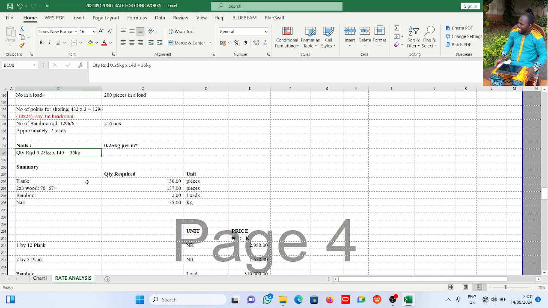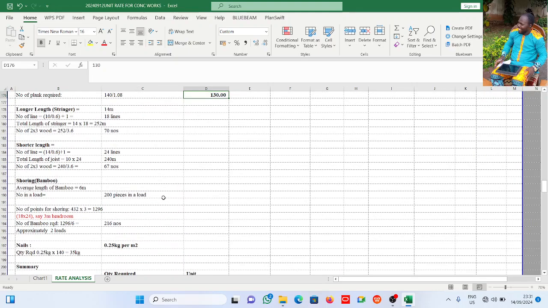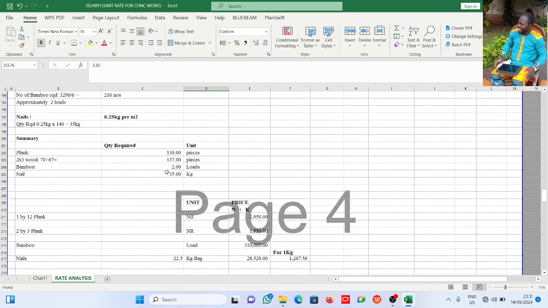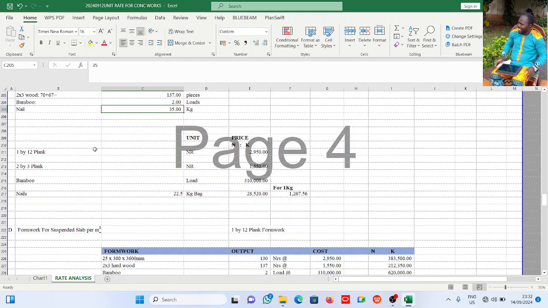All right, so this is the summary. Plank is 130 pieces, 2 by 3 is 70 plus 67, that gives us 137. And this is what we have here. You see that? All right, the bamboo, we say we need 2 loads. The nail, we need 35 kg. All right, now one plank 1 by 12 is 2950.